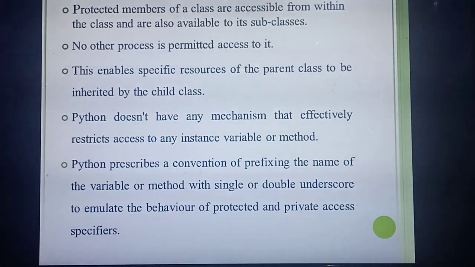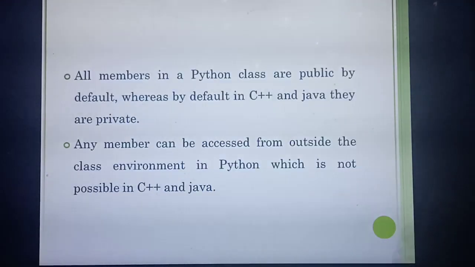Listen carefully. In C and C++, they use the keywords public, private, protected. But in Python, instead of using these access specifier names, they use a double underscore or single underscore before and after the variable names. Understood? Okay, this is the important thing.